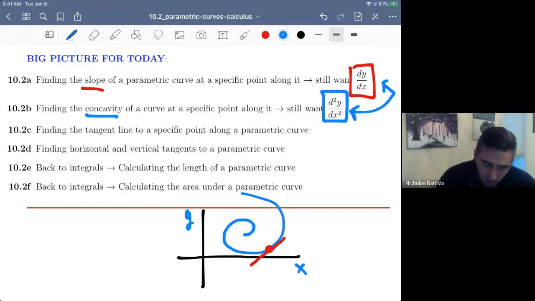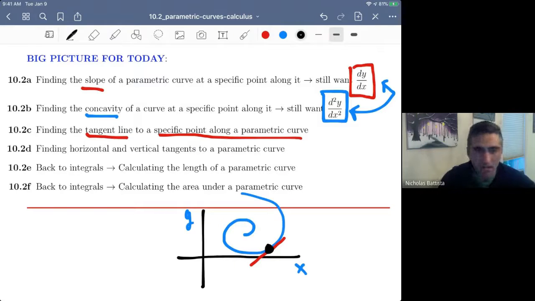The next thing we're going to do is ask ourselves, how can we find a tangent line to any point along the curve? So this kind of goes back to that same line I drew before. If we care about this point along the curve, we could compute, what is the tangent line to that very point?